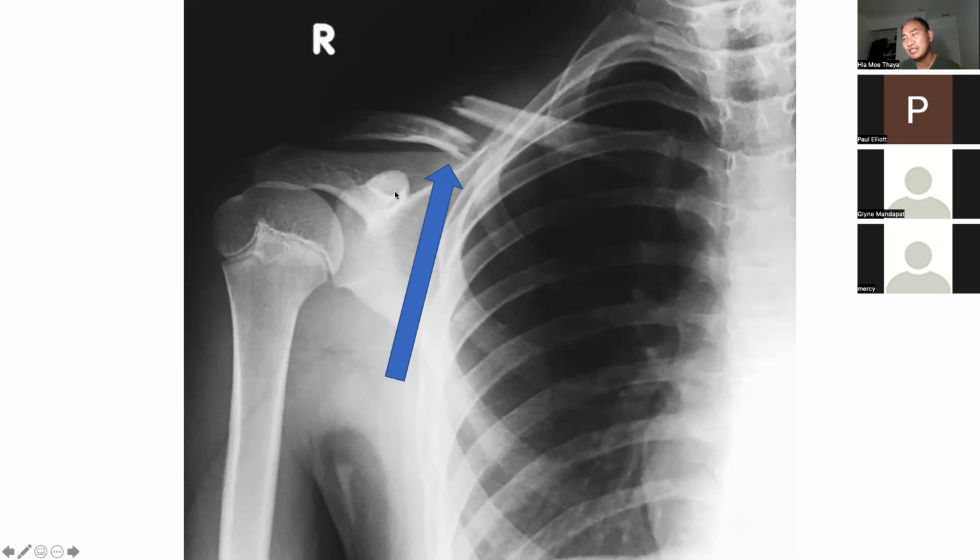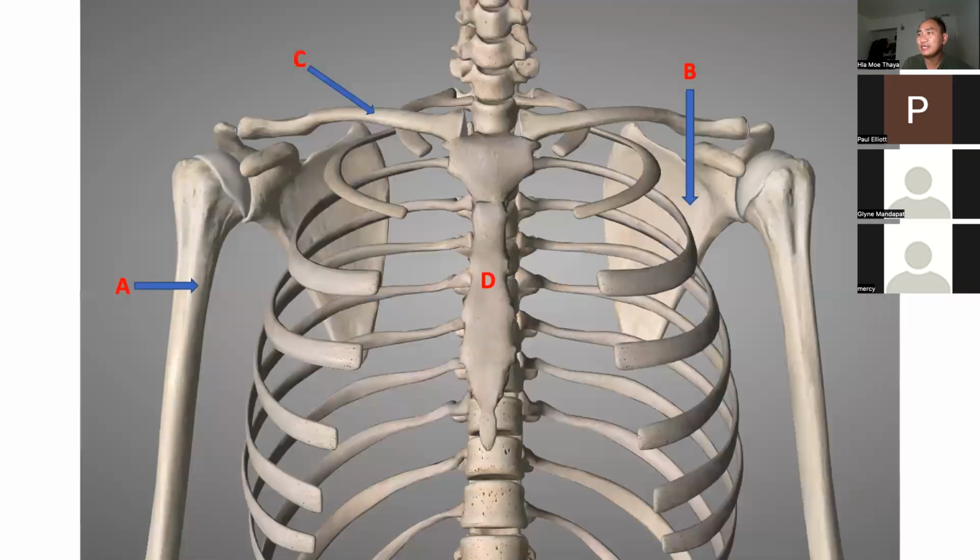You can see the coracoid process, you can see the clavicle, so that's a broken clavicle. So this X-ray and this diagram are the same. It is the broken clavicle here.